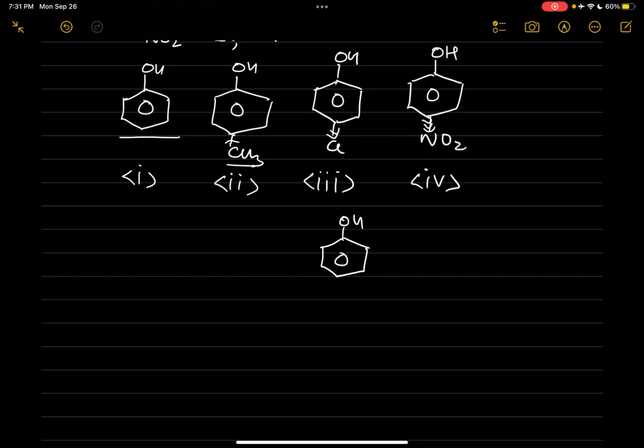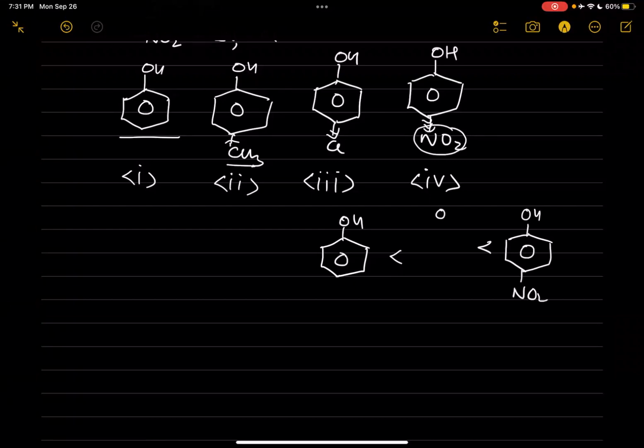Neither a strong acid nor a weak acid, treated as a reference. Now the rings which have more electron pulling groups are going to be more acidic than the phenol, and the higher the electron pulling tendency, the more acidic the phenols are going to become. So NO2 is a strongly electron withdrawing group. Is it clear?